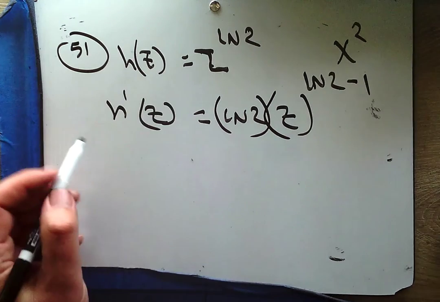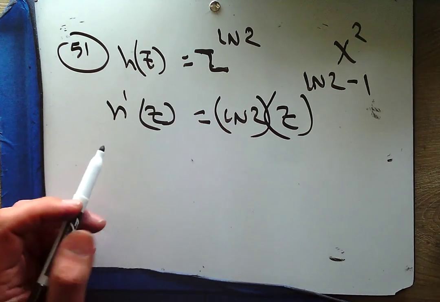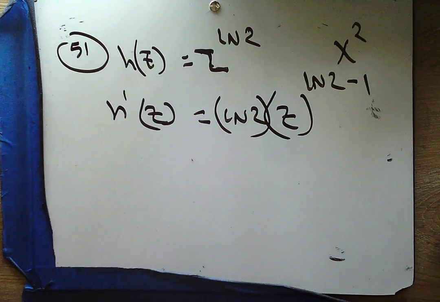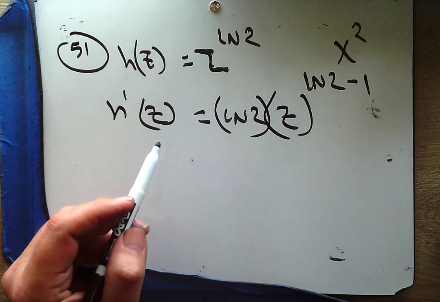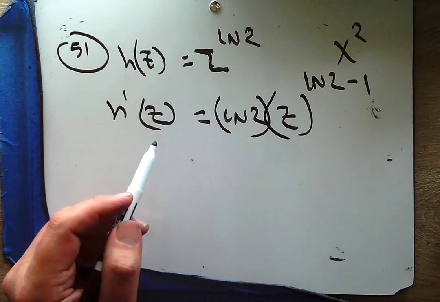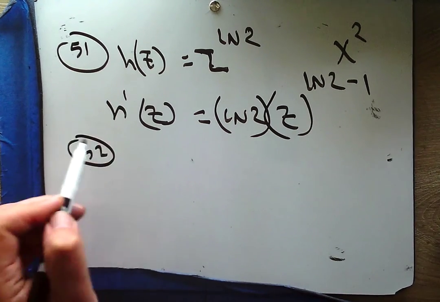Okay, it's just the power rule, but it's the power rule sort of in disguise, because usually we do the power rule with x raised to a number, not z raised to a number. And our numbers aren't usually things like ln of 2. They're numbers like 2.